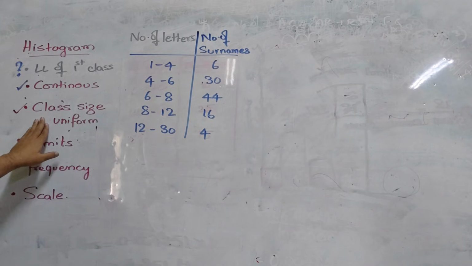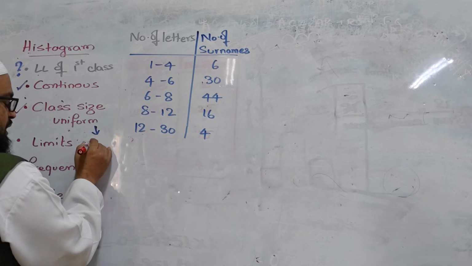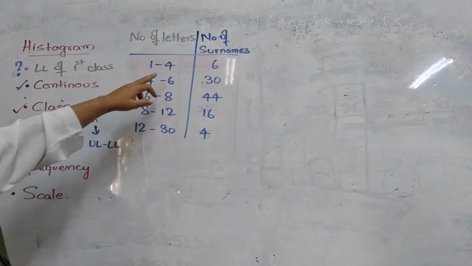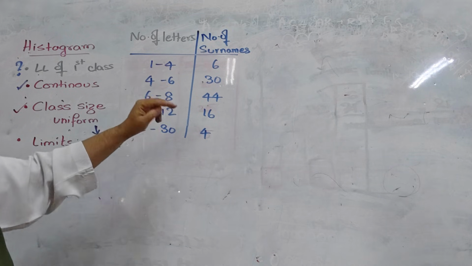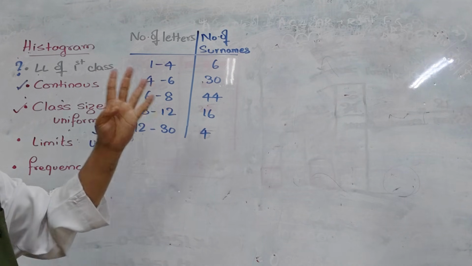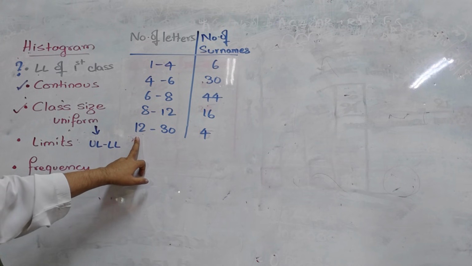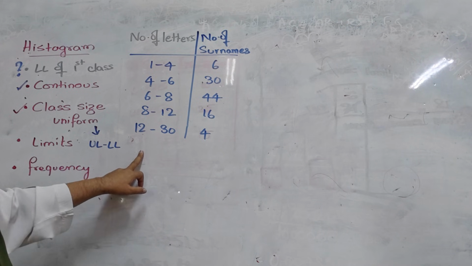And now whether the class size is uniform or not. How to find out class size, my dear students? Upper limit minus lower limit. Let us check. 4 minus 1 is 3, 6 minus 4 is 2, 8 minus 6 is 2, 12 minus 8 is 4, and 30 minus 12 is 18, right? So here the class size is different.